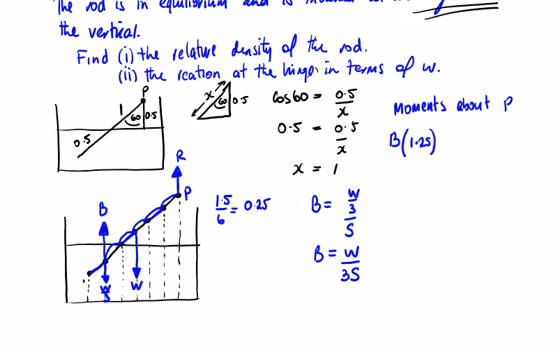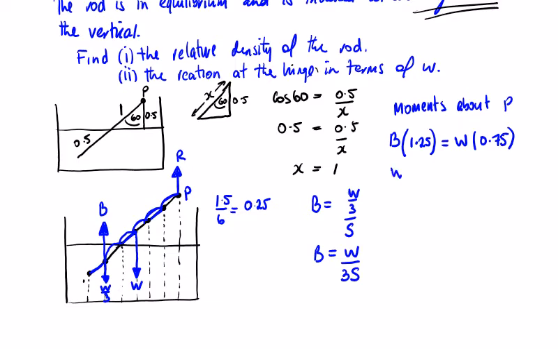Have we anything else going up? We don't, so we just have W going down, so it's equal to W times, and we know W is half away. Is it half away? Well, it's half the full distance, half of 1.5, 0.75. So if we replace B with W over 3S, we should be able to simplify this down.